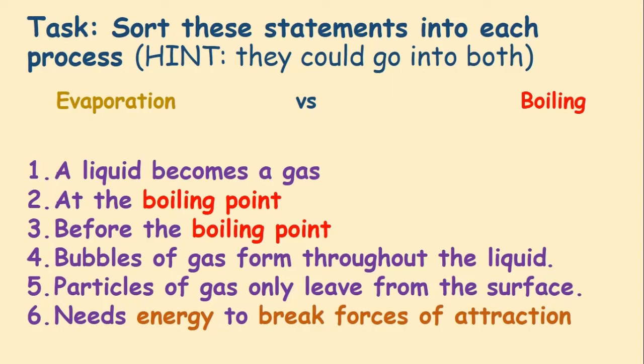Or there is an easier way in which you can write all 6 statements out, and you can write next to the statement E or B, or E and B, depending on which process you think that they go with. It is up to you which one that you do. Make sure that you pause the video to give yourself enough time to do this. We will now go through the answers.